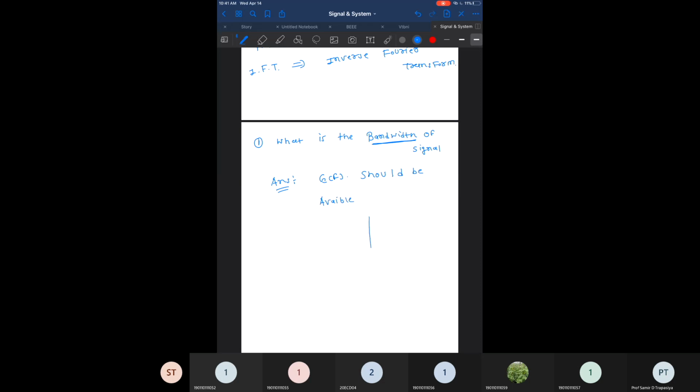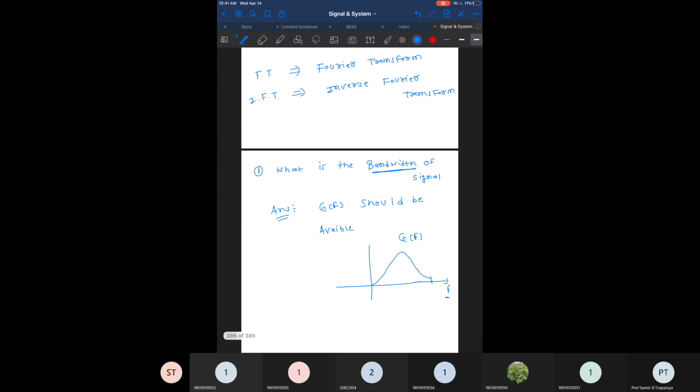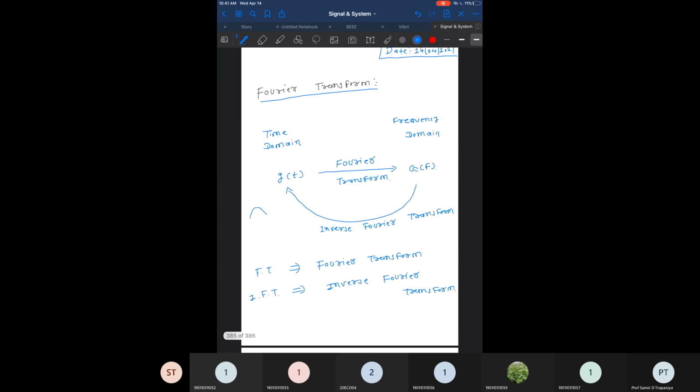If G of f is available with us, then we can say the signal is starting from some frequency. This is the frequency domain signal, where the x-axis is frequency, whereas in a time domain signal the x-axis is time. If any signal is in the time domain like this, the x-axis is time and the y-axis defines the amplitude.